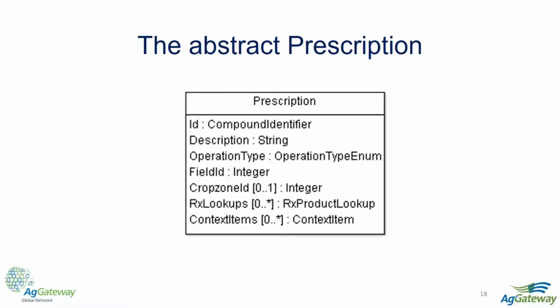And to support that was important for us because historically in precision agriculture, prescriptions are exchanged between growers and service providers and so forth. That is what everybody's pretty much used to. So it was important for us to be able to support those use cases while at the same time providing prescriptions with a more comprehensive container, such as work items and work orders that they could be handled in.